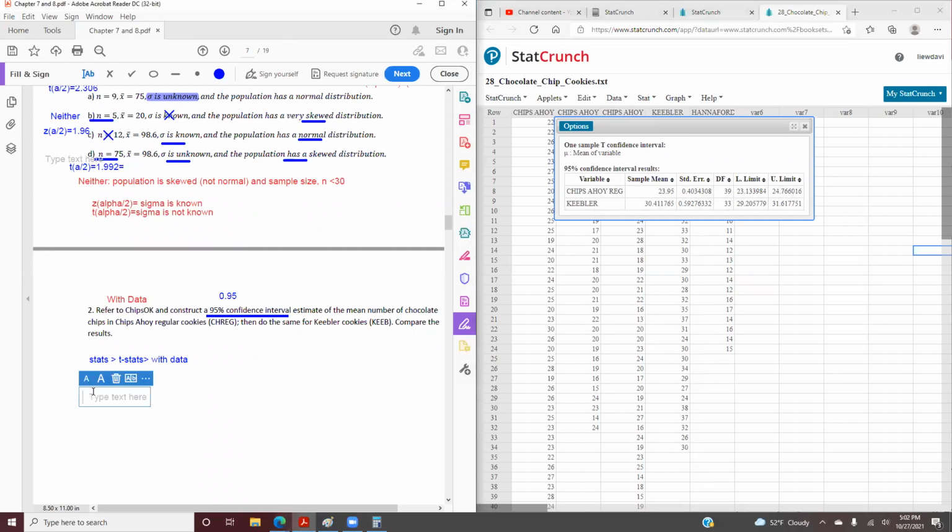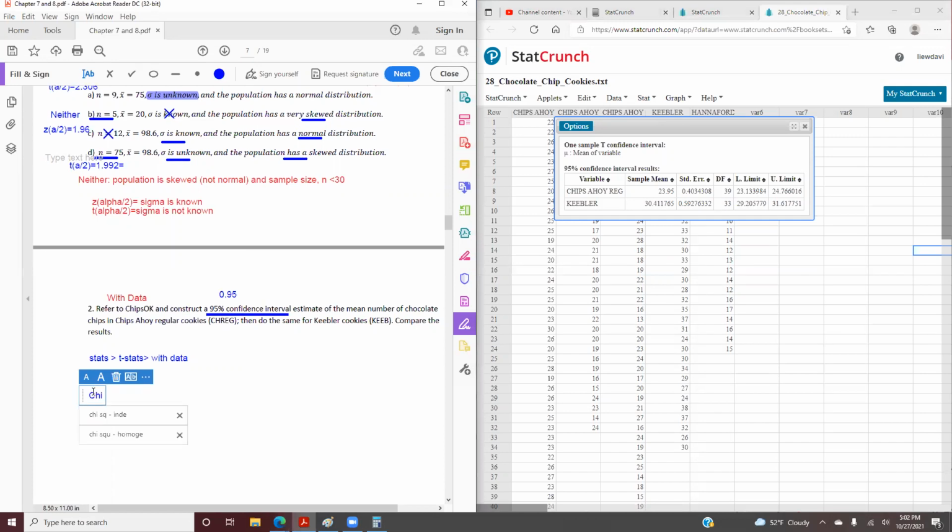So for the Chips Ahoy regular, the 95% confidence interval is given to us by 23.13 to 24.77, and the units in this case are chocolate chips.